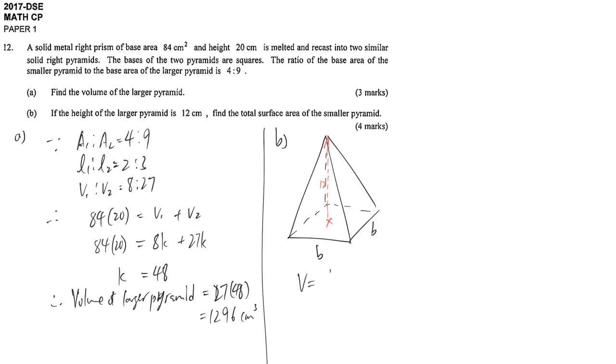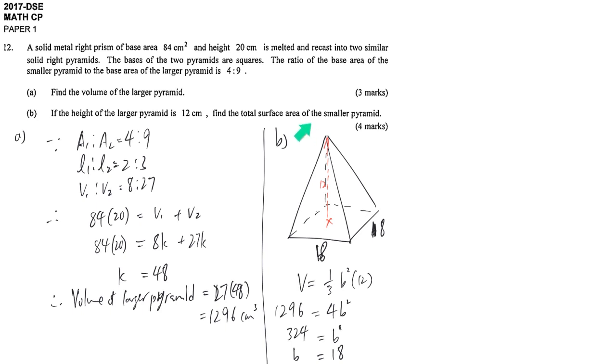The volume of a pyramid is 1 over 3 times b squared times 12, and it's given that it's 1296. So b is equal to 18 or negative 18, but that one is rejected. So we know this is 18 now, and this is 18.